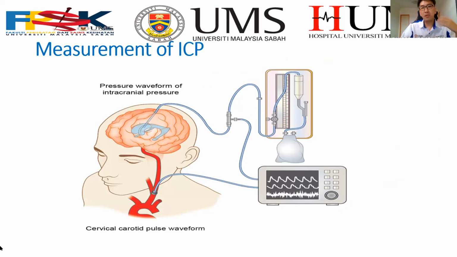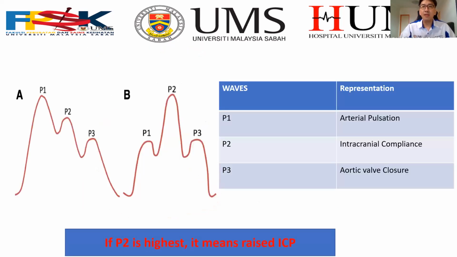This picture shows the EVD measurement, which is the most precise way, whereby the neurosurgeon will insert the intracranial probe and then measure like our central venous pressure monitoring. It goes into the lateral ventricle, and then you measure it externally. So this is the method of the measurement.